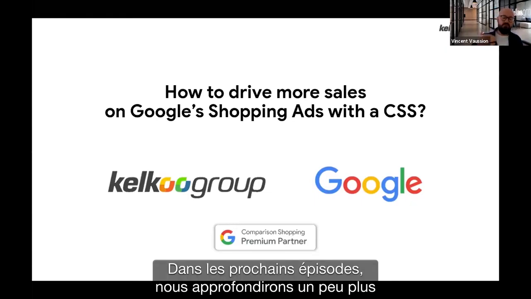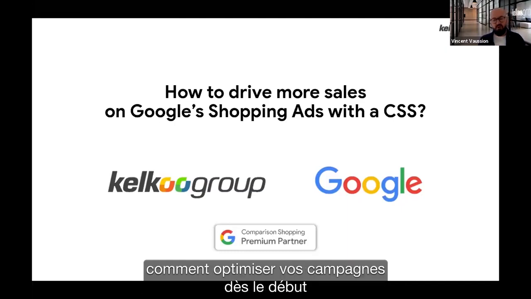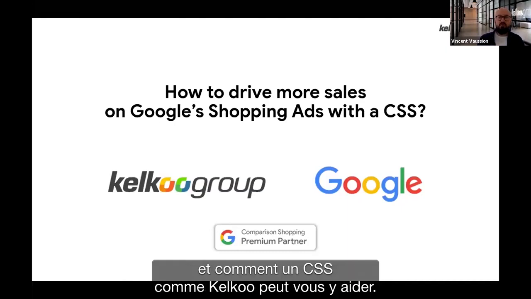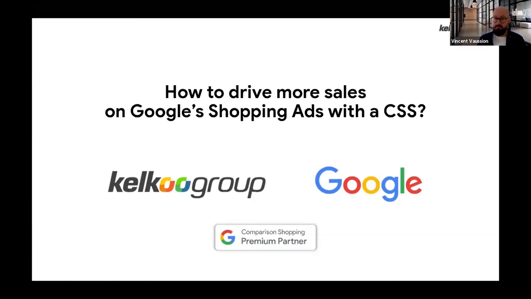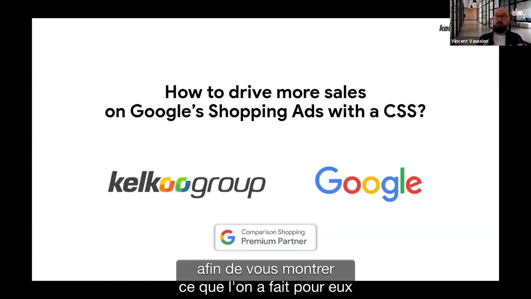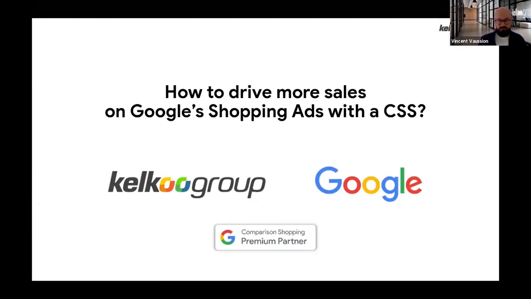After that, in future episodes, we will go a bit deeper, and we will explain how to set up your merchant center, how to optimize your campaigns from the get-go, and how a CSS like Kelkoo can help you on this way. In further future episodes, short episodes this time, we will concentrate on little merchant cases where you will see concretely what we've done with the merchants and the results for those merchants.